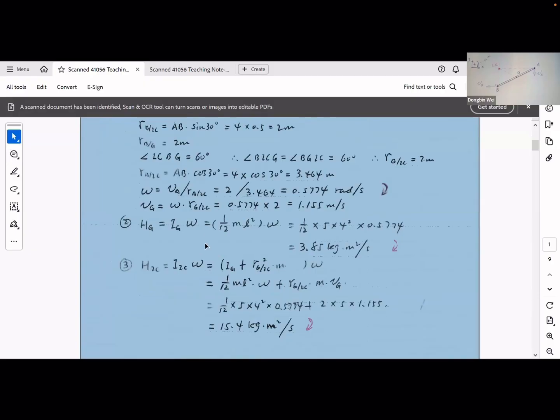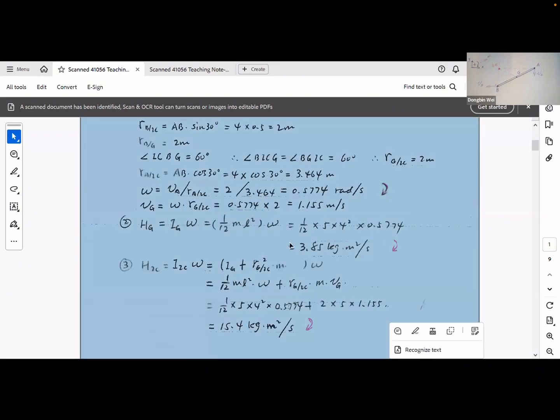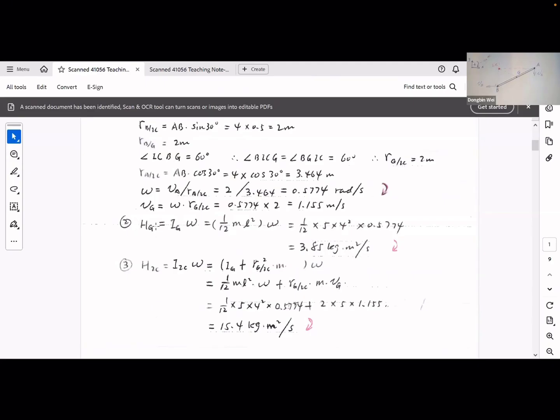Now, if you can work out IG using the established equation for this bar, you should be able to easily work out the magnitude of angular momentum of this rigid body about point G. Of course, this is a vector, so you need to indicate direction. The direction should be the same as the direction of omega. For HIC, it is similar. Again, that's the direction.